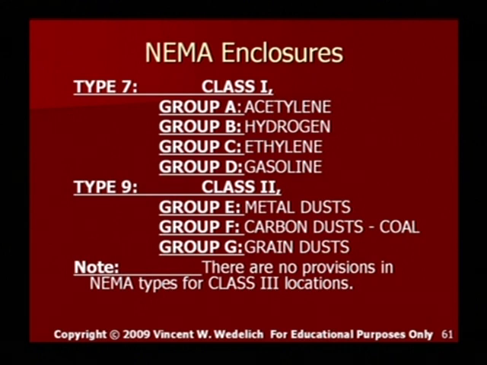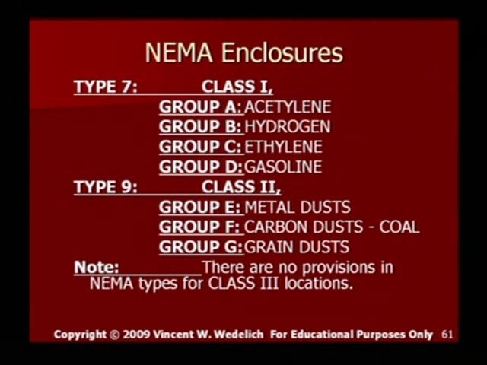For the NEMA enclosures, NEMA 7 is suitable for Class 1, groups A, B, C, and D. A Type 9 is Class 2, so groups E, F, and G. And there are no provisions for NEMA types for Class 3 locations. So if you have methane gas, it's a Class 1 area, and you need to use a Type 7 enclosure.